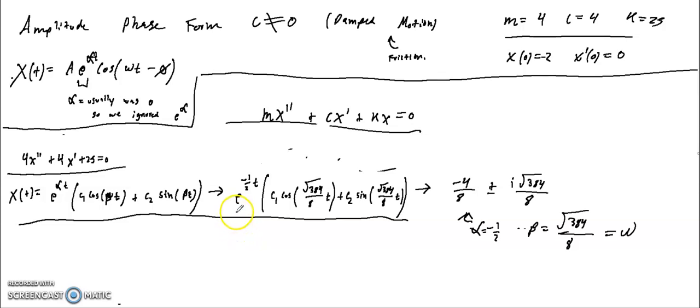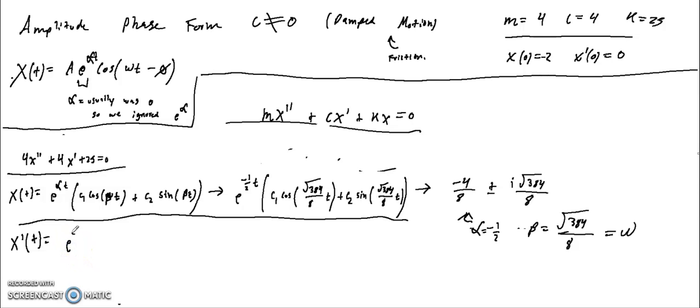And I want to point out that we have two functions with t in it, so we are going to have to do some product rule. So we have an ugly derivative to compute, but it won't be too bad. So we're going to take the derivative of the first times the second, plus the derivative of the second times the first.